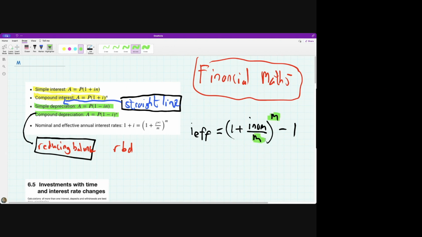What are the m's about? The words say the nominal and effective annual interest rates. So this is the nominal interest rate per annum. That's the effective interest rate. What do the m's stand for?